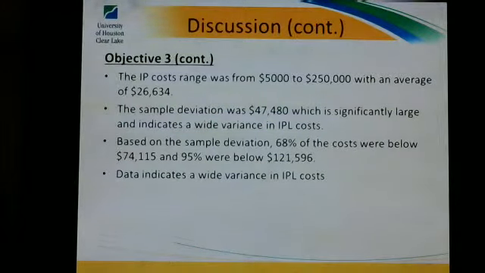These were just estimates that were used for the capital budget development. And you can see there's a wide variance. The sample standard deviation was over $47,480, which is very large compared to our average.